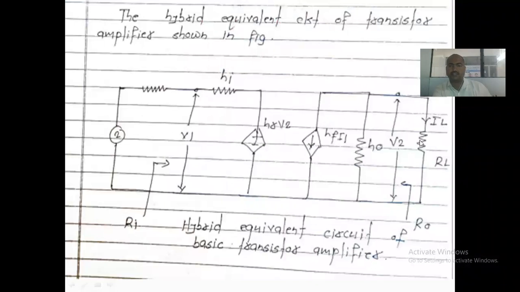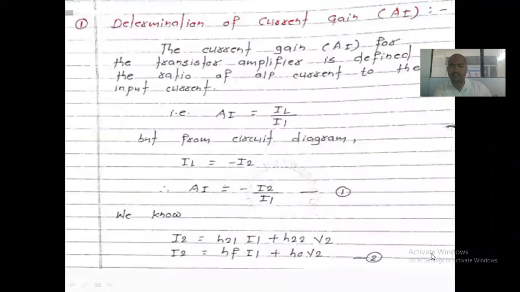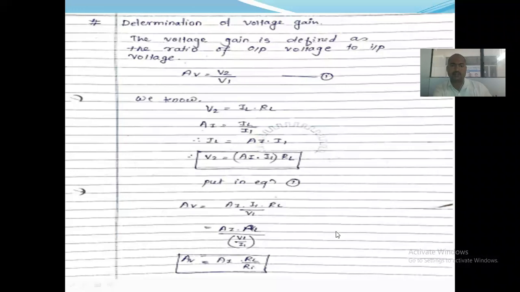See, this is the V2. We know Ohm's law, V equals IR. So the current and resistance related to V2 are IL and RL. So V2 equals IL into RL.